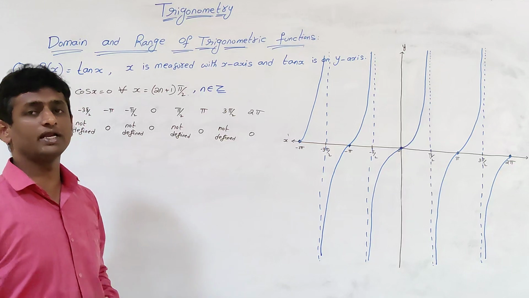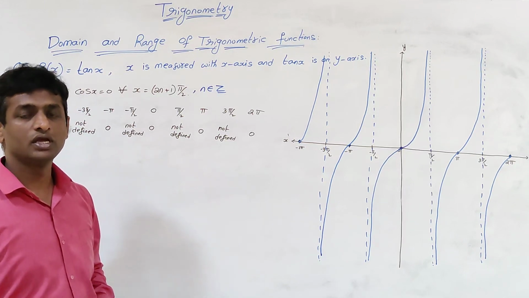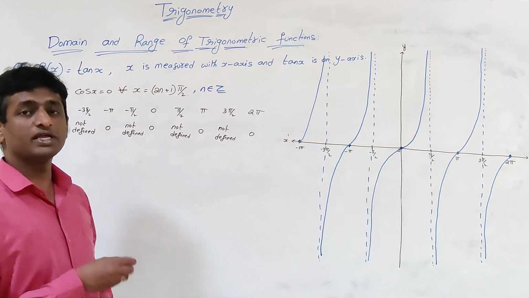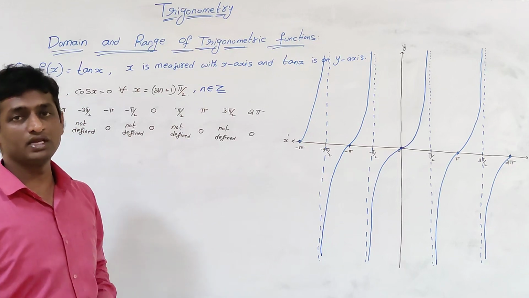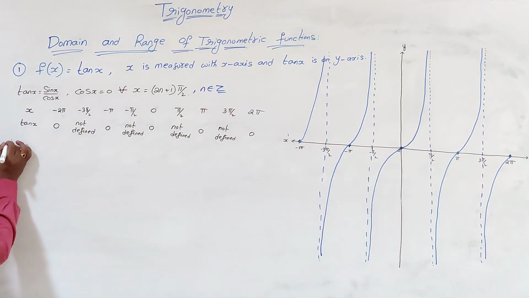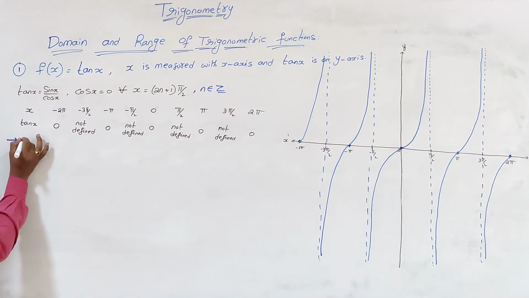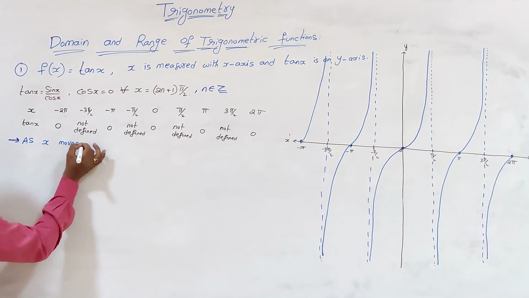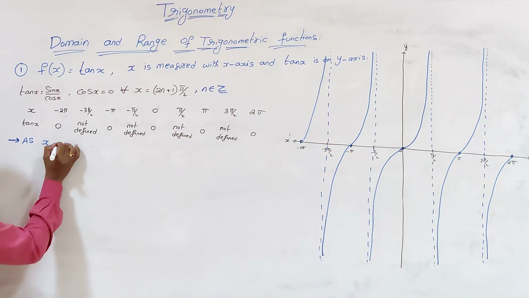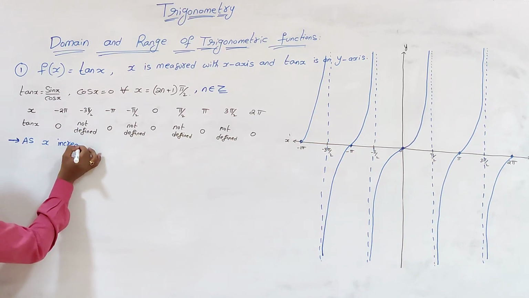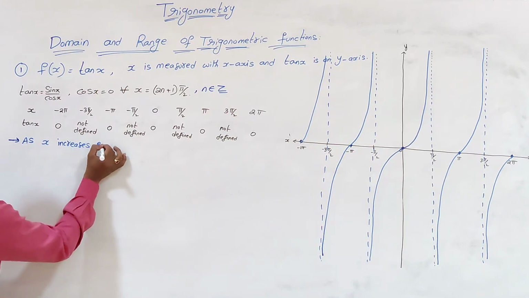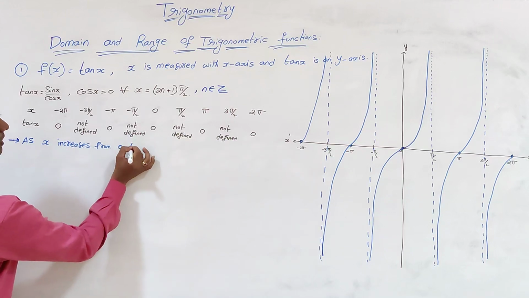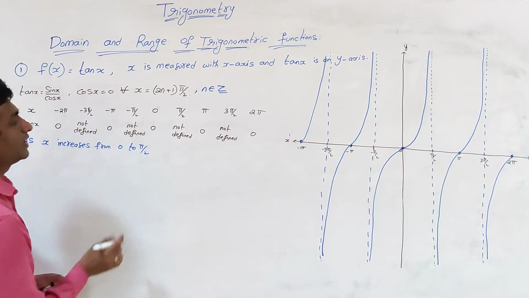and we'll see the variations of tan x, what is the domain of tan x and the range of tan x, and we'll check whether it has a maximum and minimum. Now first one, as x moves, or increases, from 0 to pi by 2, what is happening?